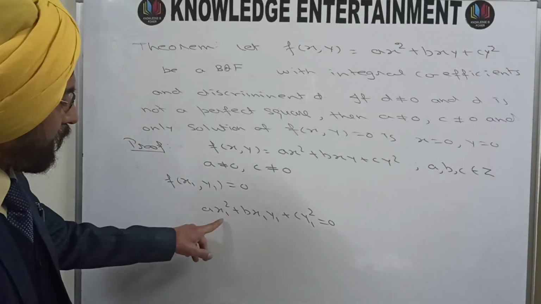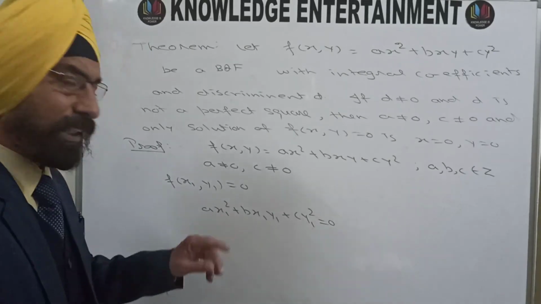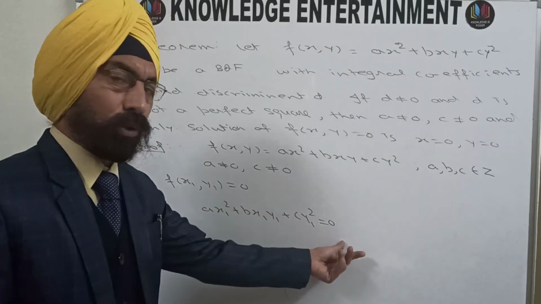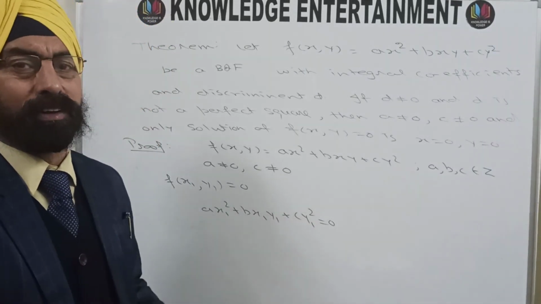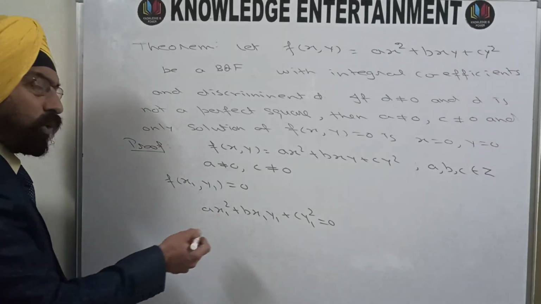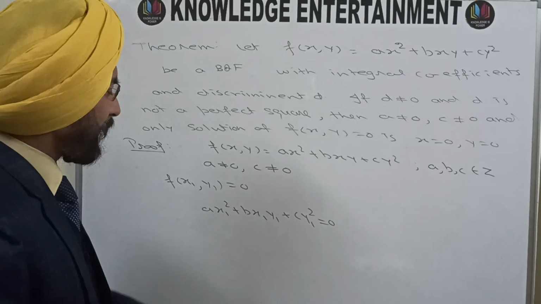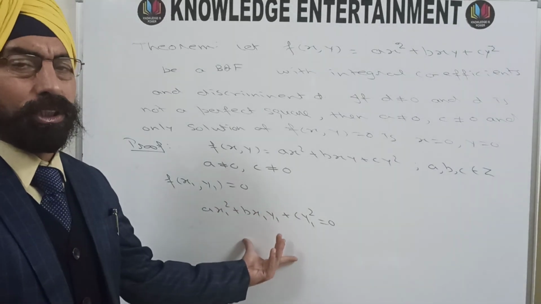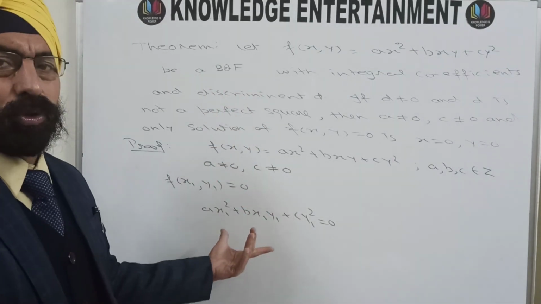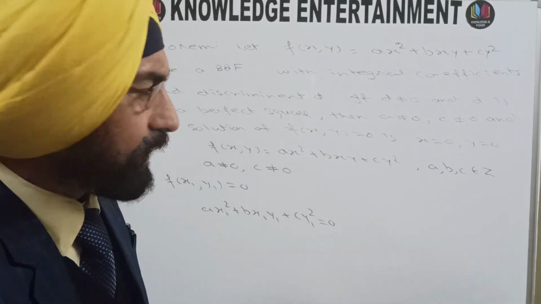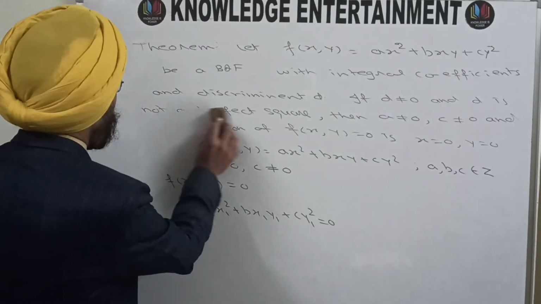So if you take x1 equal to 0, what you will get? cy1² = 0. Since c is not 0, that means y1 will be equal to 0. So if x is 0, y is 0. If y is 0, x is 0. So the only possible solution of this binary quadratic form is (0, 0).